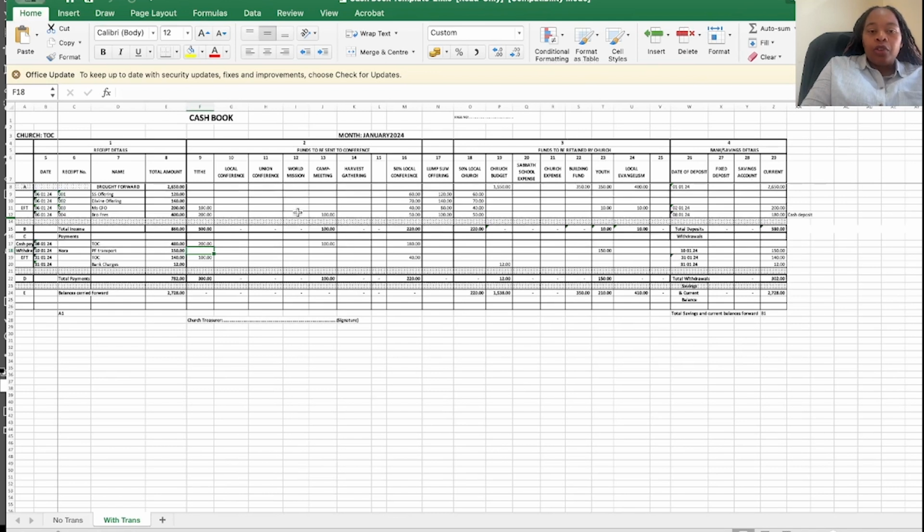We do the same for each and every column, then we get our totals. Now, this is how we see that our cash book is balancing. The total amount here in column 8 should be exactly the same as what we have in the bank. There it is. The bank balance is 2,728. Our cash book balances.